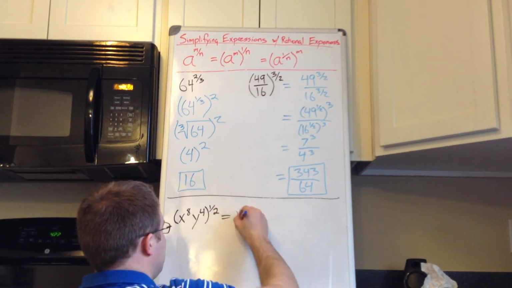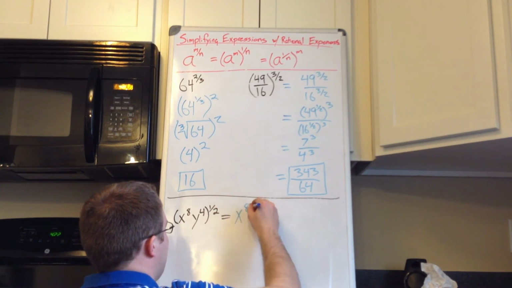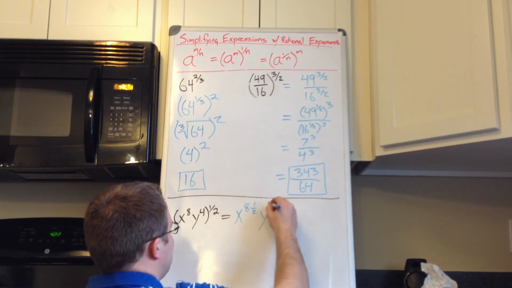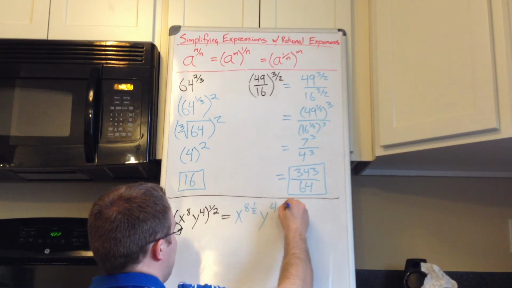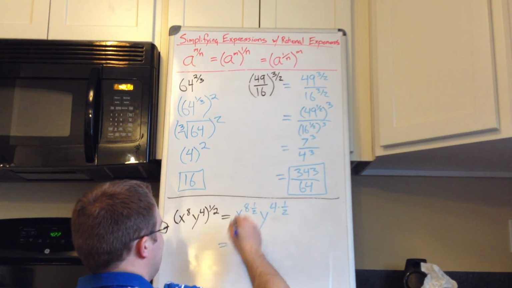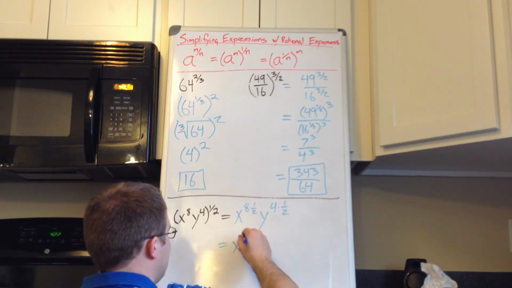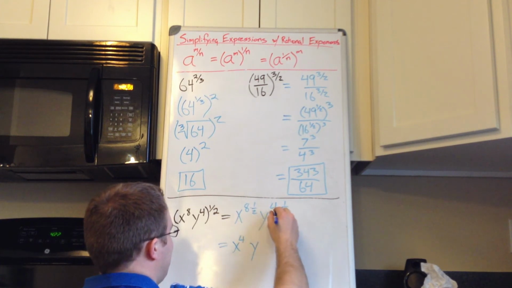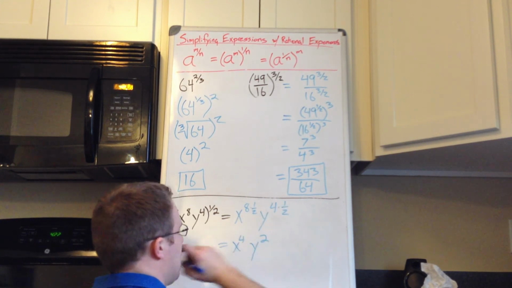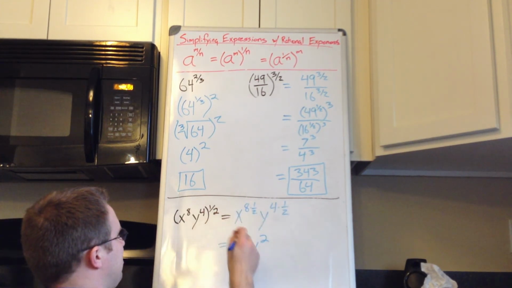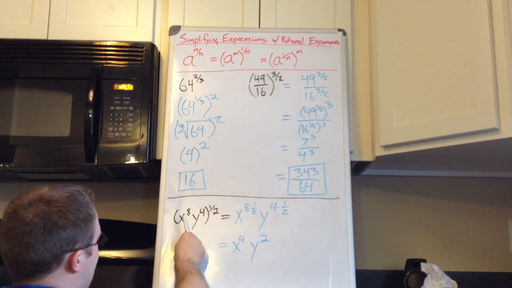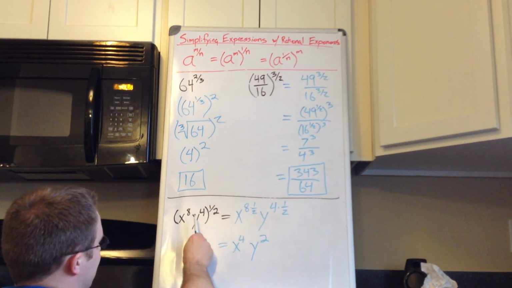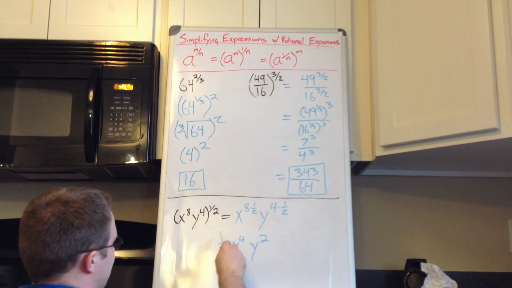So we'll do x to the 8 times 1/2, y to the 4 times 1/2, and that's going to give us 8 times 1/2 is 4, x to the 4th, 4 times 1/2 is 2, y squared. You don't need to show this step. You can just do 8 times 1/2 is 4, 4 times 1/2 is 2.